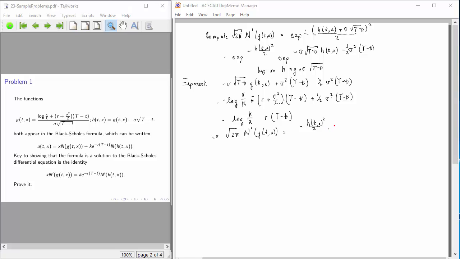So I'm exponentiating a logarithm and getting k over x, and I've got the exponential of minus r times big T minus little t.